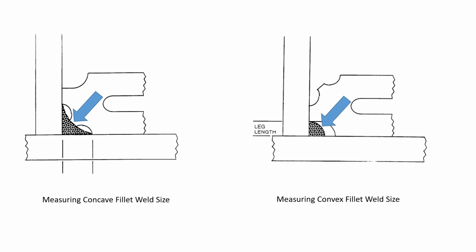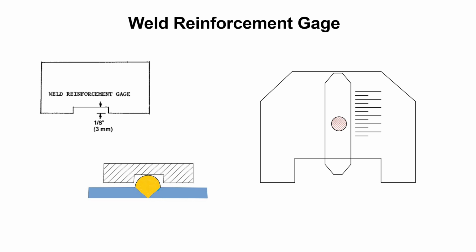And then over here on the second one on the right, where that little blue arrow just appeared, that's telling us that we're measuring a convex fillet weld, and we've achieved the size requirement for that drawing or specification in which we're working to. So weld reinforcement gauges. We use these on groove welds.